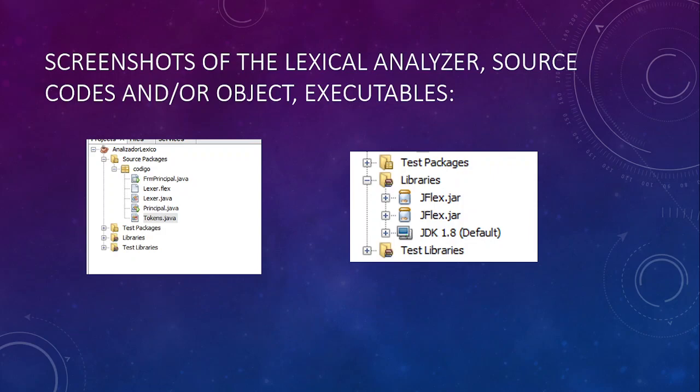We see the screenshots of the lexical analyzers, the source code, and the executables. First, we have the project, with five files: one JFrame, one .flex file, and three Java classes, which we will show next.